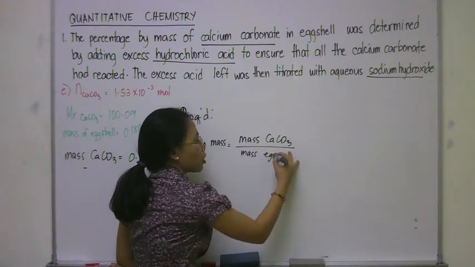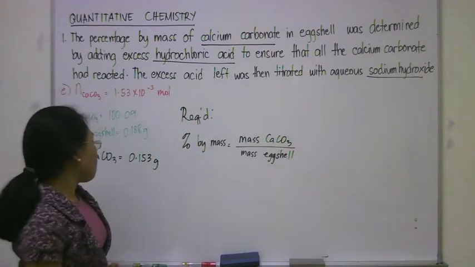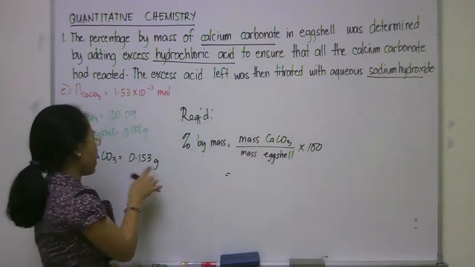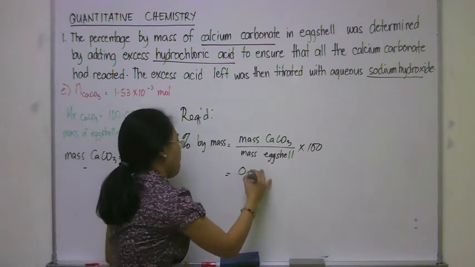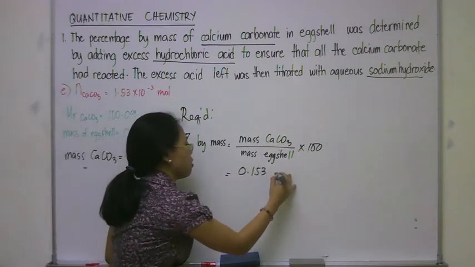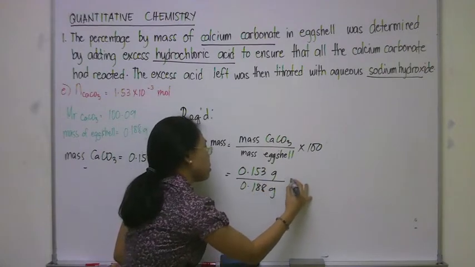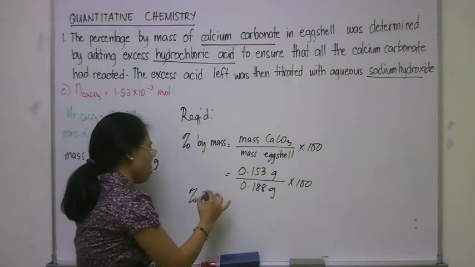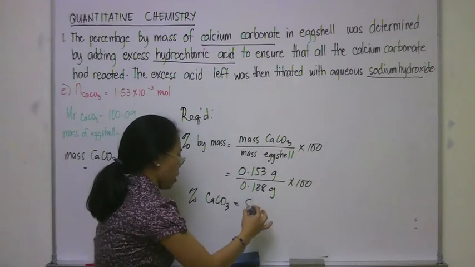From our first question, we found out that the mass of the eggshell is 0.188 grams. So we just need to divide the mass that we get from multiplying MR by the moles, divided by 0.188 grams, times 100. The percent by mass of calcium carbonate is equal to 81.5%.